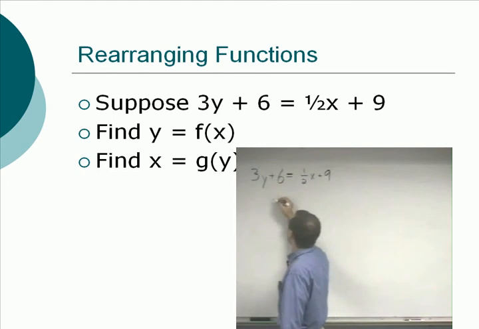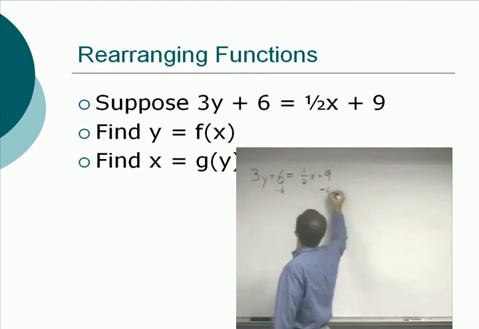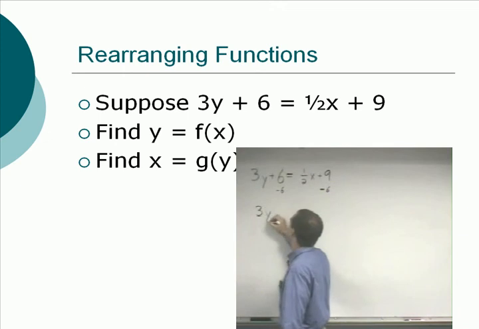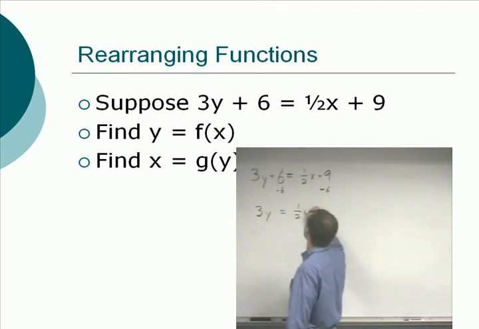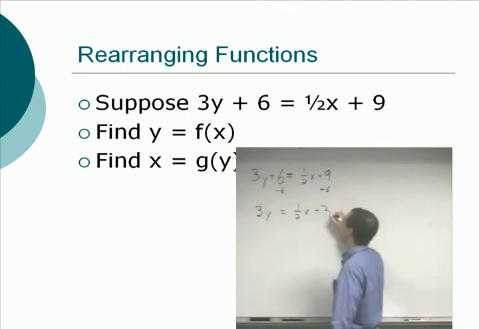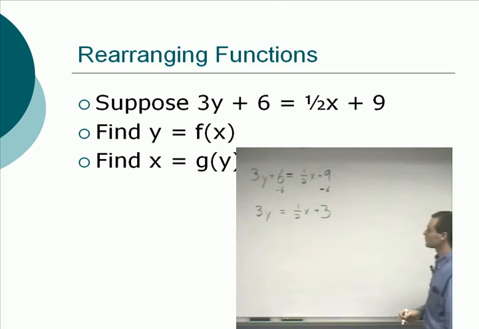So if we solve it for y, we can subtract 6 from both sides, and we get 3y equals 1/2 x plus 3. Could have done this in the last step, but let's clear our fractions and multiply everything by 2.